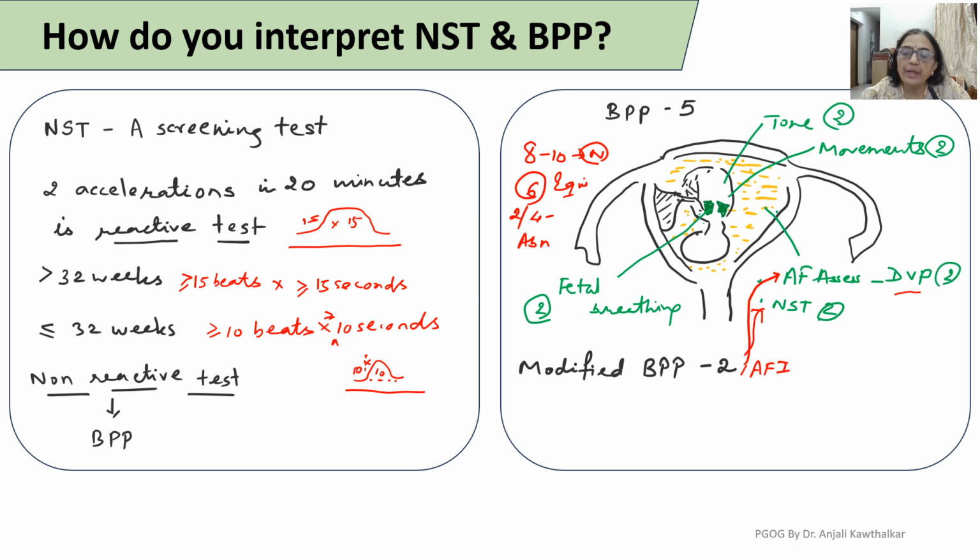These are the two parameters in the modified biophysical profile, which is a quicker way and has the same sensitivity and specificity as the complete 5-parameter biophysical profile. This much minimum we should know, and whenever we utter a terminology in practical examination or write in theory, we should be explaining this minimum.